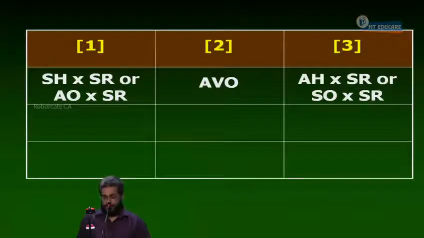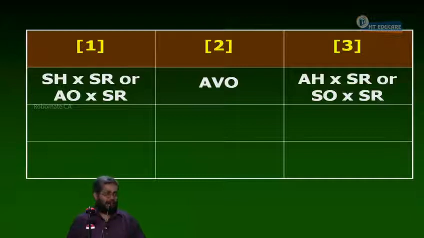What is SO? 28,000. What is AO? 25,000. We already calculated all of these. Both choices one can use, because all numbers are readymade available in this sum.